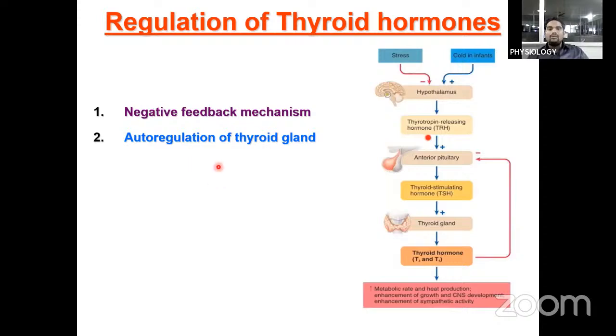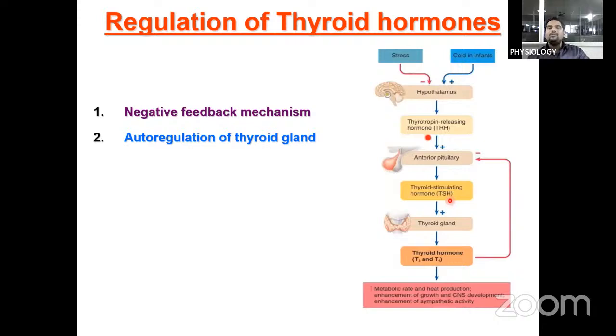Okay, next one, auto-regulation of your thyroid gland. Before that, listen here, in case we need thyroid hormone in your bloodstream, what happens? It will send the information with the help of thyroid stimulating hormone. It will involve your follicular cells.